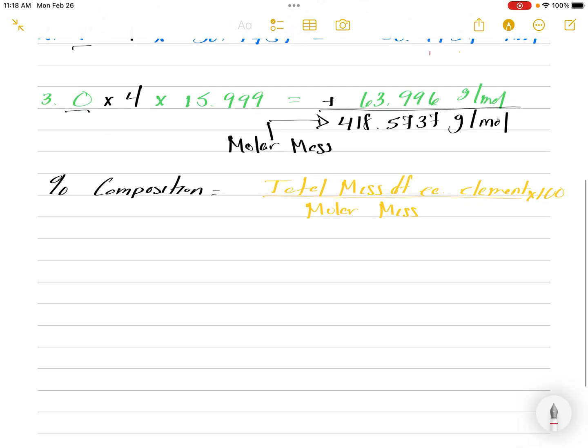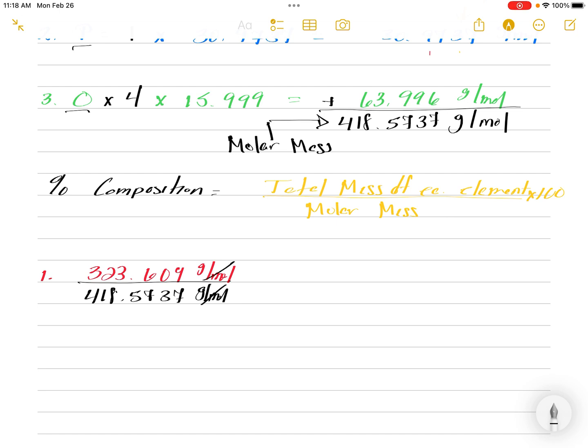So let's take a look at the first one. The first one we're going to do is silver. That's going to have a mass of 323.604 grams per mole. I'm going to divide that by the total molar mass of the compound, which is 418.5737, again grams per mole.